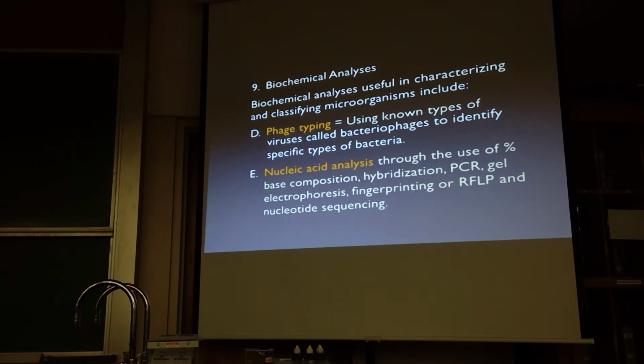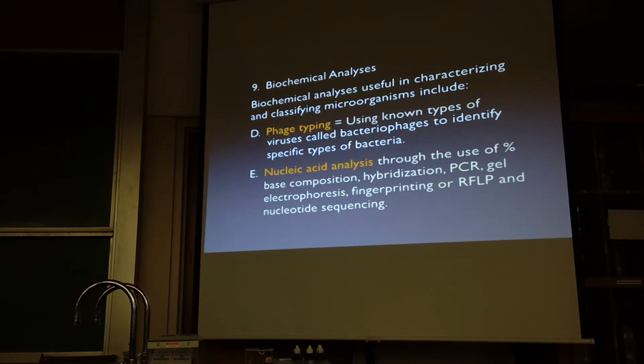For a long time, people were looking at percent base composition. Remember the bases: adenine, thymine, cytosine, guanine. They looked at them in terms of the pairs, so how much adenine-thymine there was, or how much cytosine-guanine. It turned out this was useful for telling you if organisms were not related, but not terribly useful for telling you if they were. They can have exactly the same percent base composition and not be related.